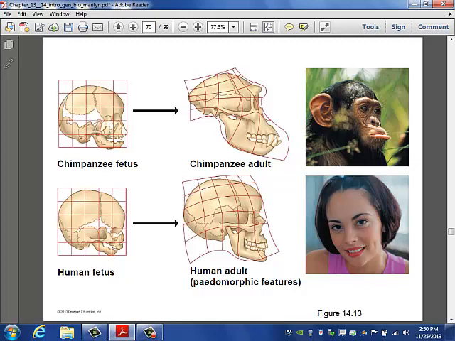So we see about the same cranial size, but for some reason, changes in human, if you believe that humans come from something similar to chimpanzee, a change occurred where the brain grows at a faster rate into adulthood, and the cranium size accommodates that. So that's what that talks about.